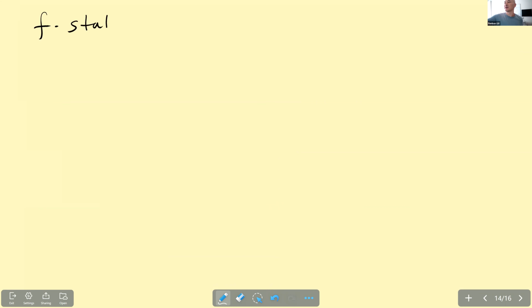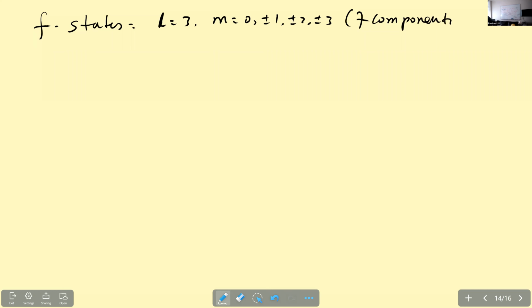F states. So L equal to 3, M equal to 0, plus minus 1, plus minus 2, plus minus 3. There are 7 components, like octupole. Okay.